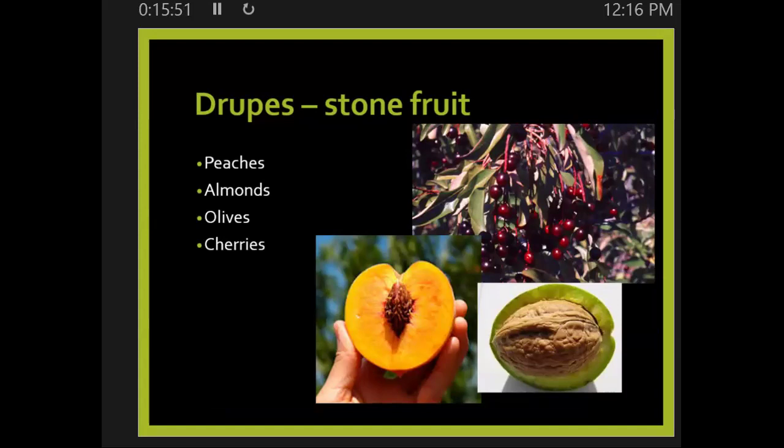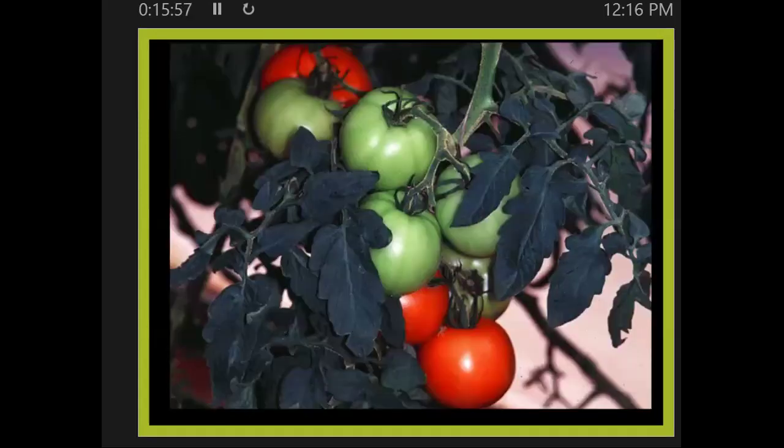So, usually if you say the word fruit, those seem normal, like, yeah, okay. But here's another idea of a fruit, which is a tomato, which a lot of people would say, no, that's a vegetable. But remember, the definition of a fruit is a mature ovary. And so you have to think about the tomato flower. If you've ever grown tomatoes in your garden, you start with a flower.